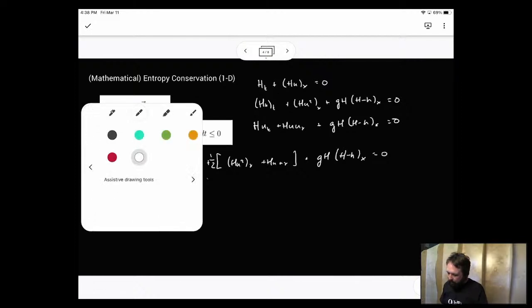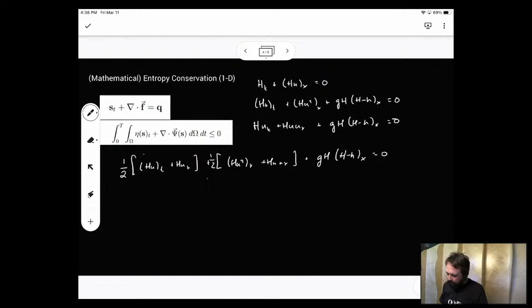Okay, so if I multiply by U inside of here, I get 1/2 U (HU)t plus U HU t. I know if I'm just saying it, it sounds like I'm saying the same thing. However, if you're following along here, there are some subtle things happening inside. We have 1/2, again, for those vector terms, U (HU squared)x plus HU ux.